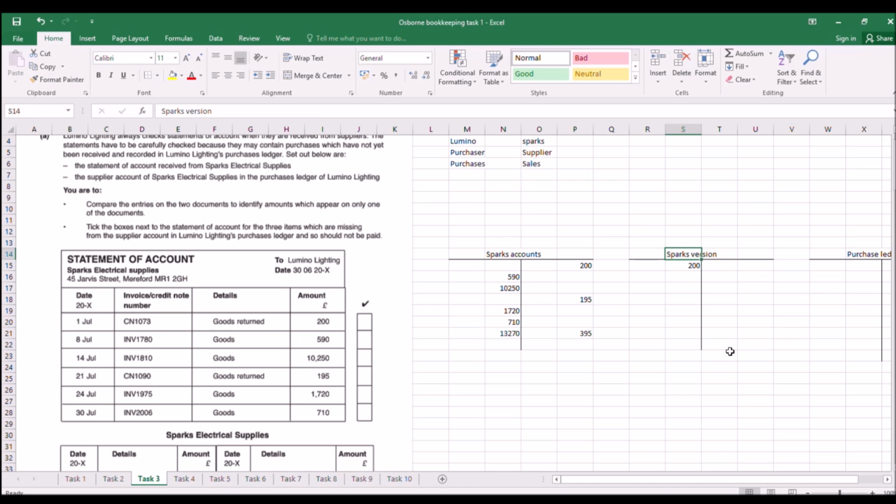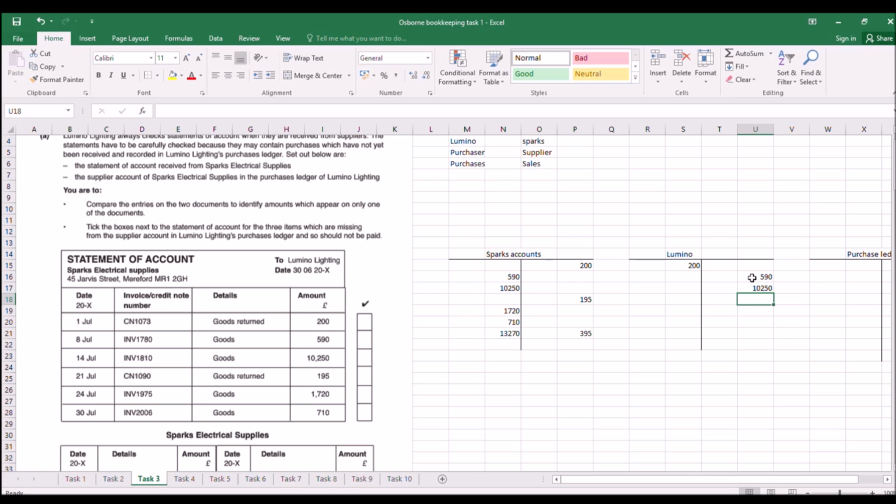So in Lumino's, if we've returned £200 worth of goods here, that means we would owe them £200 less. That would be a reduction in our liability, so that would be a debit, and it would be on the left hand side there. And these are on the opposite side. If we bought £590 worth of goods from Sparks, then it would be a credit, wouldn't it?